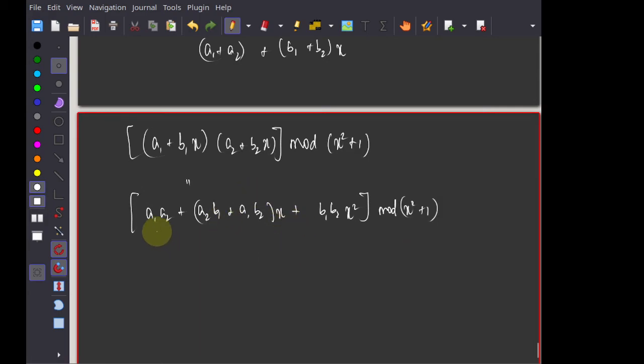But we know that this is equal to this mod x square plus 1 plus this mod x square plus 1. So this is equal to a1 a2 plus (a2 b1 plus a1 b2) times x plus b1 b2 x square mod x square plus 1.